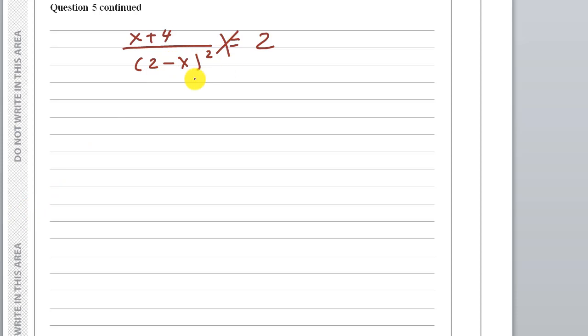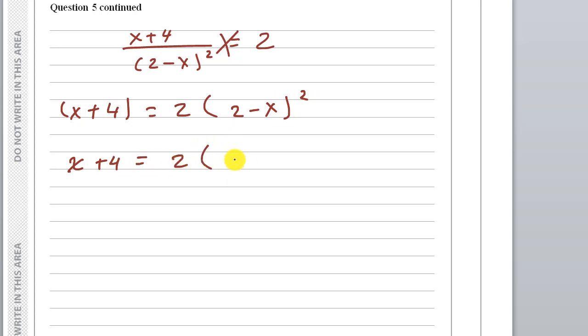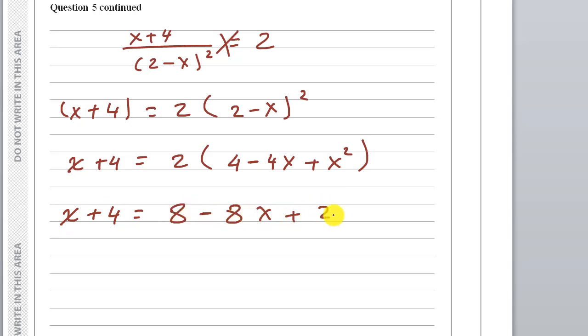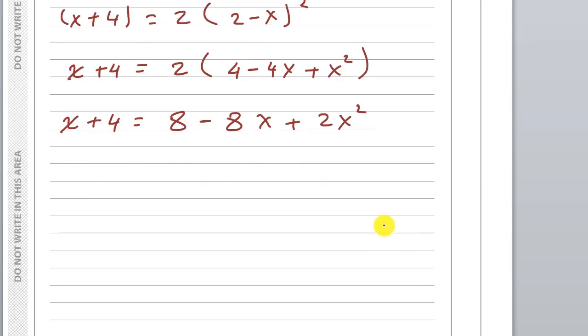So cross multiply: x plus 4 is equal to 2 times (2 minus x) squared. So x plus 4 is equal to 2 times (4 minus 4x plus x squared). So x plus 4 is equal to 8 minus 8x plus 2x squared.